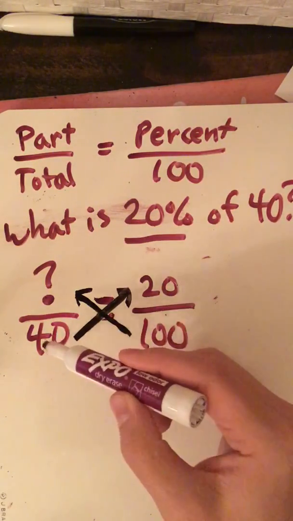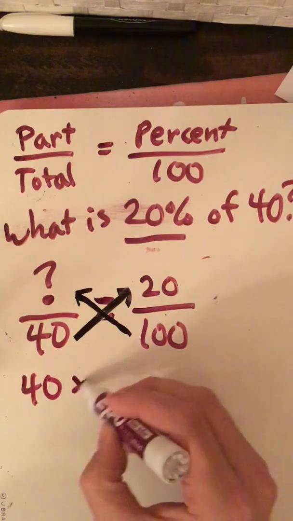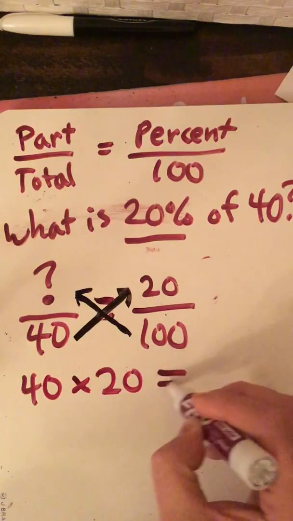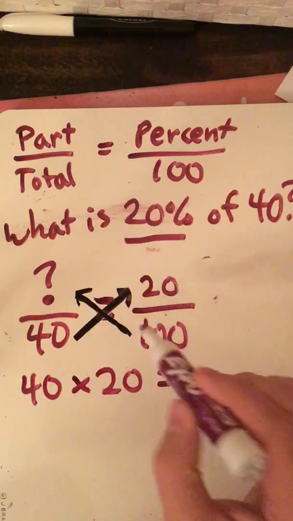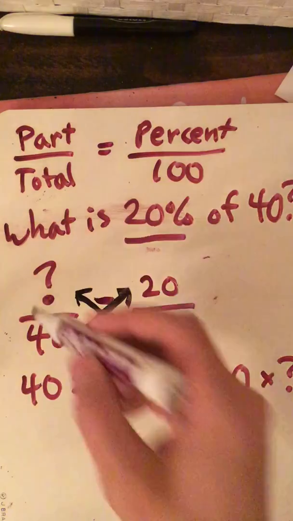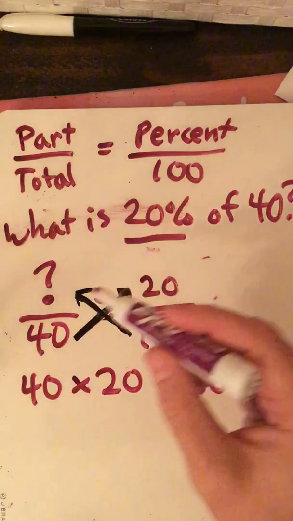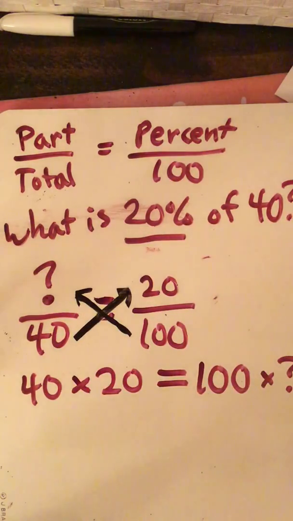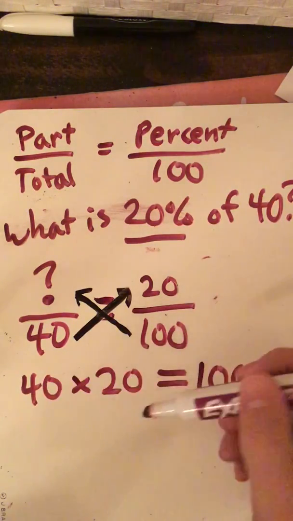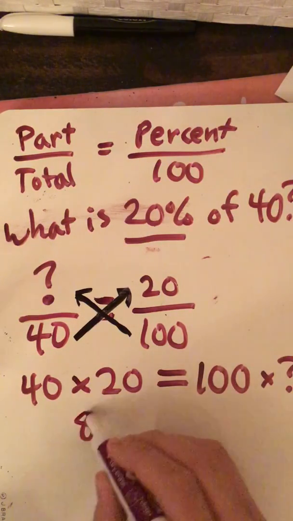So it's saying literally 40 times 20 is equal to 100 times something we don't know what it is. We're looking for 20% of 40. So let's figure it out. 40 times 20 is what? Well, 40 times 20 is 800.